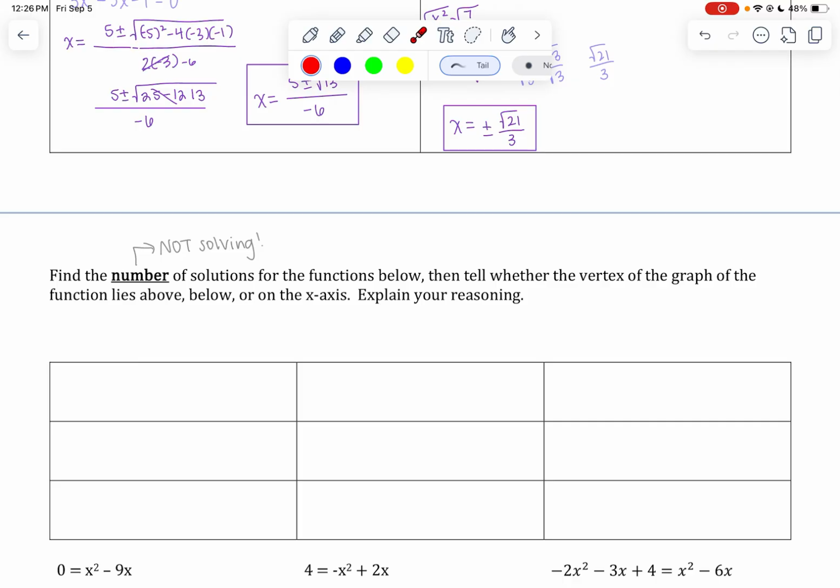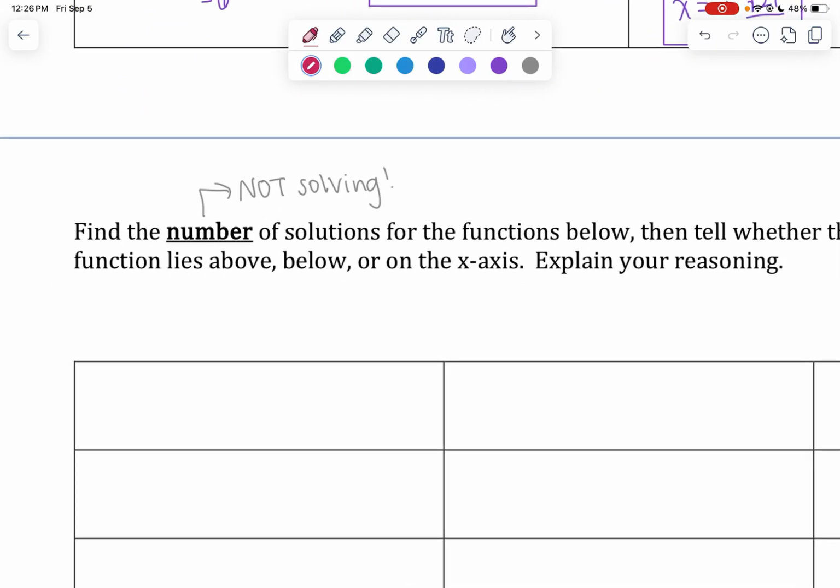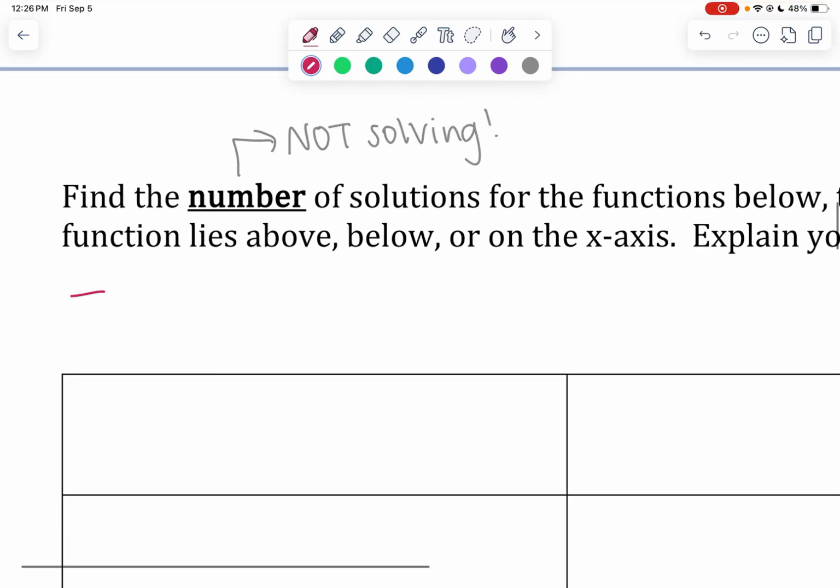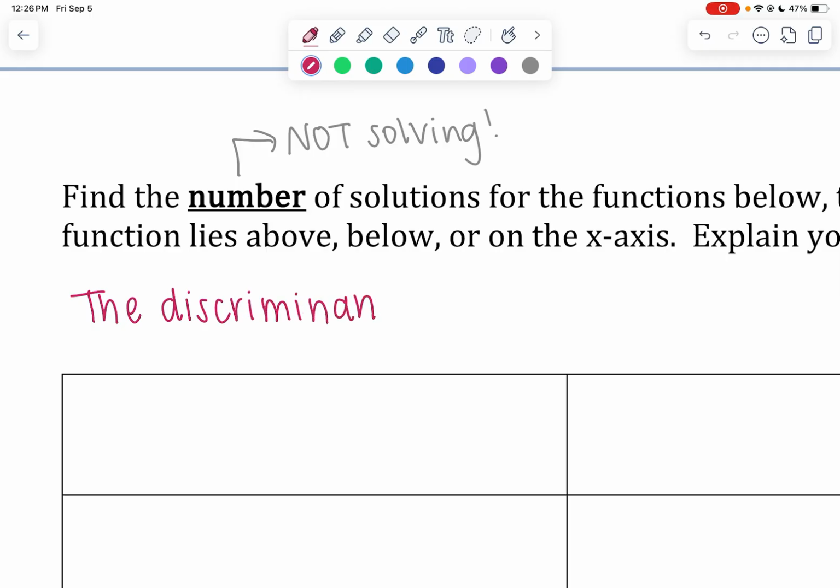And then tell whether the vertex of the graph lies above, below, or on the x-axis and explain your reasoning. Okay. Now, if you're not solving, you can use a part of the quadratic formula that tells you about the solutions, and that's called the discriminant. Okay, the discriminant will tell you about the solutions without solving.